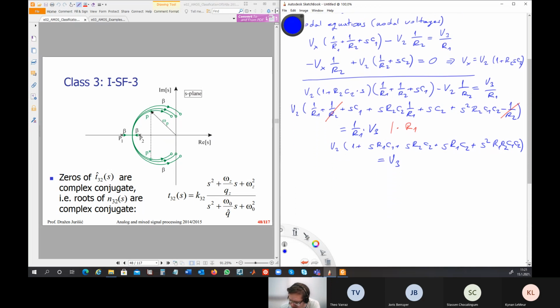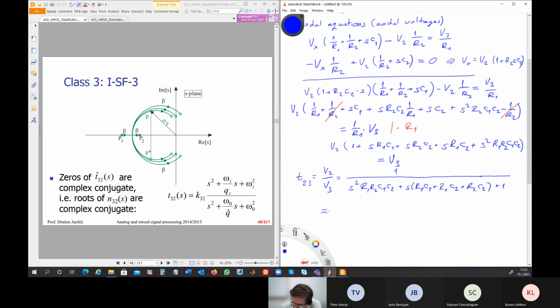Now we can calculate T23, which is equal to V2 over V3, and we will have 1 over (S squared R1 R2 C1 C2 plus S (R1 C1 plus R1 C2 plus R2 C2) plus 1).